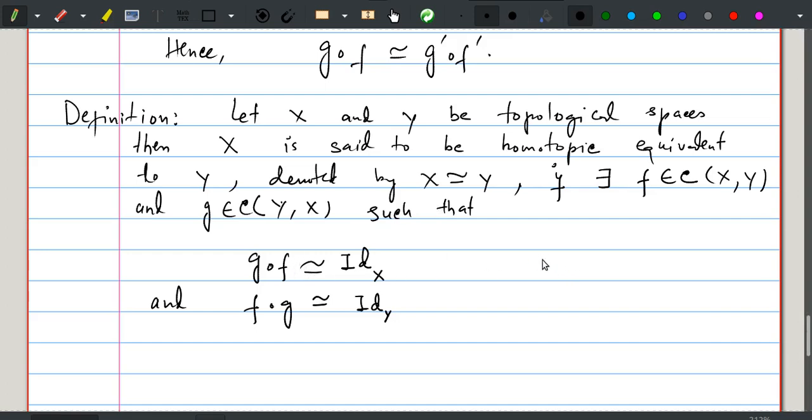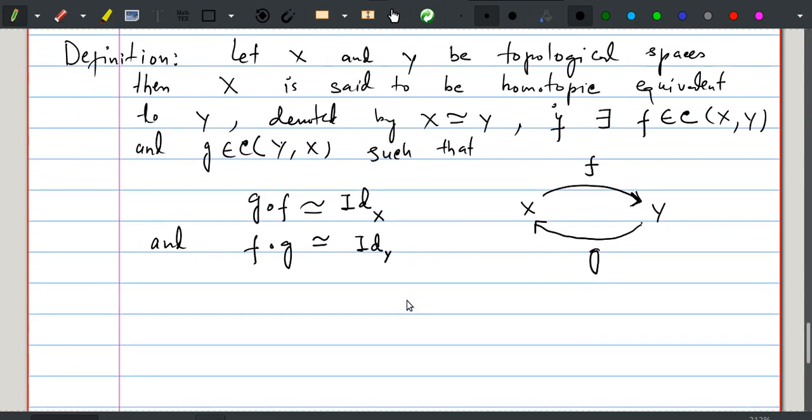One can notice that this F takes X to Y, and then this G, we first move from X to Y, then come back via G, so G composite with F is a map from X to X, so that map has to be homotopic to the identity map on X. Similarly, when we first go from Y to X, that is we are operating G, and then come back from X to Y via the map F, then that composite map F composite G has to be homotopic to the identity map on Y. In that case, these two spaces X and Y are said to be homotopic equivalent.